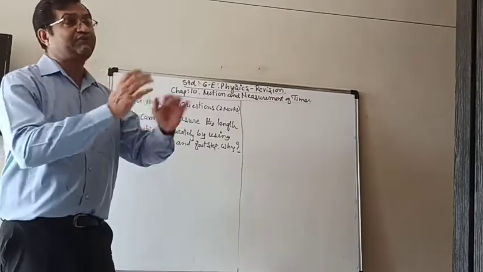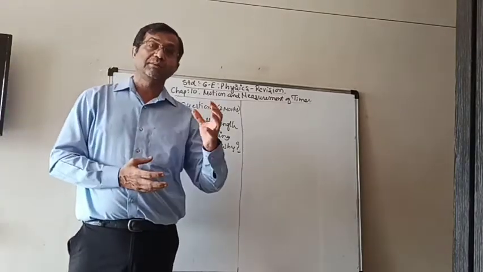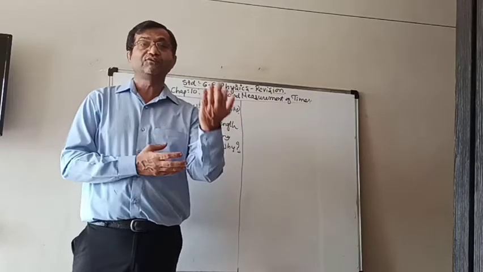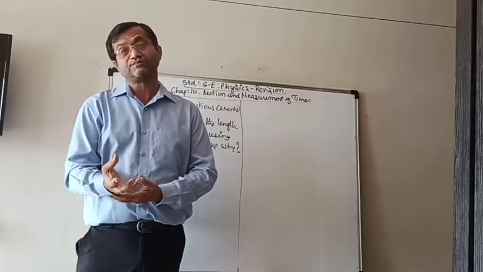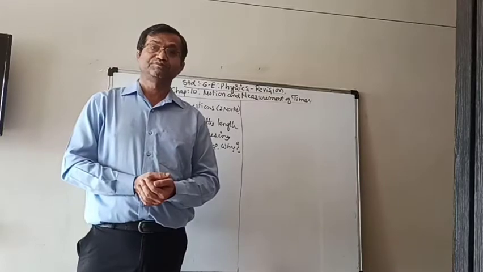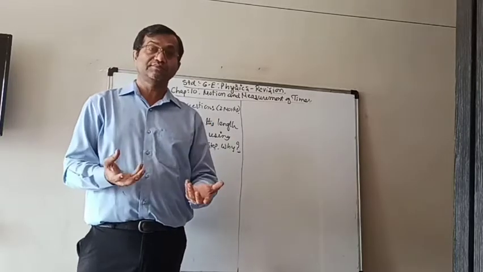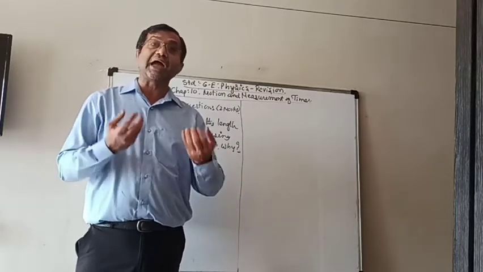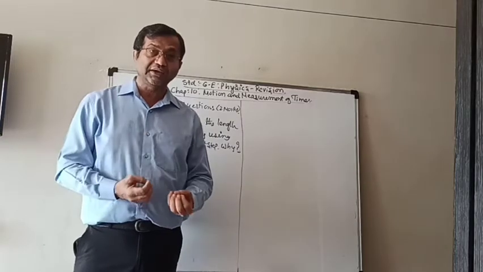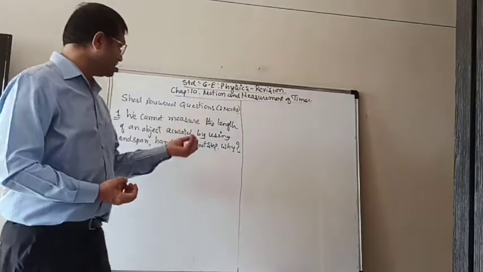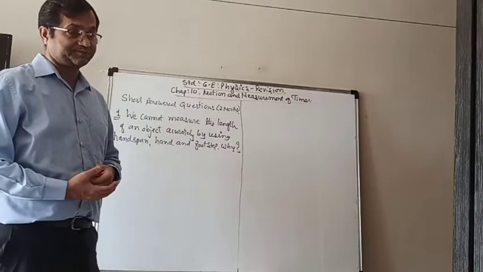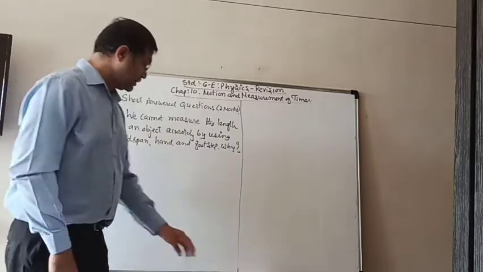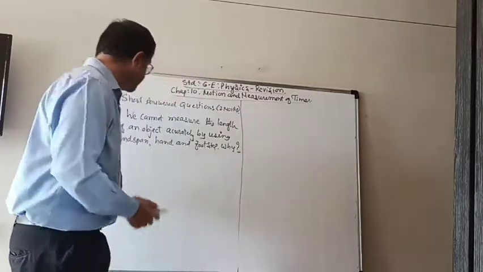So when different people measure the length using their handspan or hand or footstep, the answers are not the same, and therefore we cannot accurately find the length of an object. So that is the explanation.